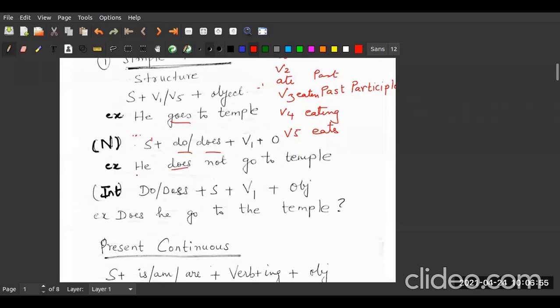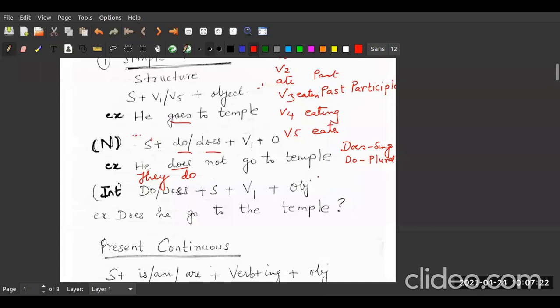Again, if we make the subject they, then what will you use, does or do? Do. Does is used for singular and do for plural. Here they is the subject, so plural is used.